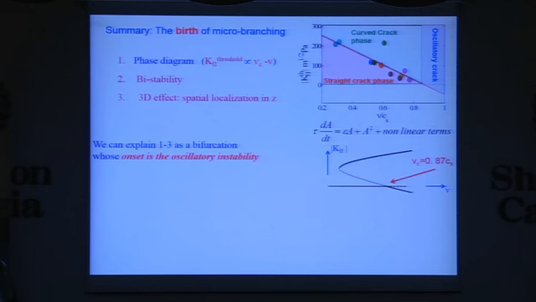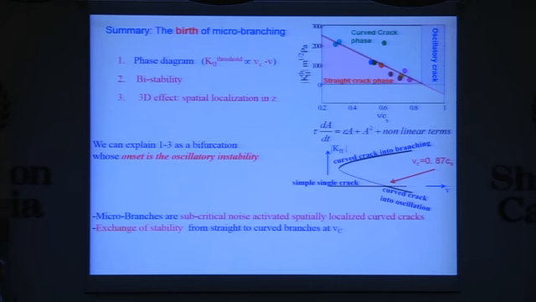These are explained, and I won't get into it because I want to get into the next part, by this funny phase diagram. This is what's called a transverse instability in terms of nonlinear physics. We have a critical point here where the straight crack loses its stability, and it's hysteretic, and the size of the kick needed to go to this curving branch is basically described by this line here.